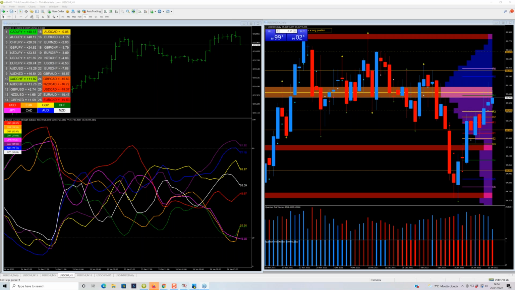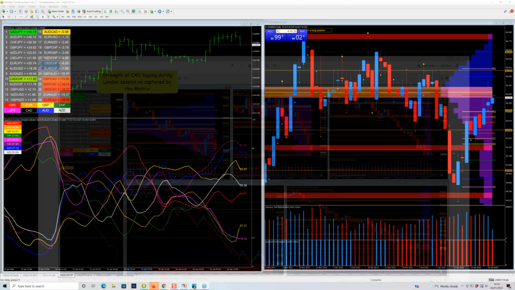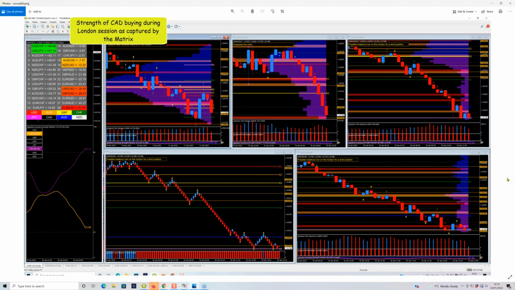Now, what I did this morning, to give a little bit more of an explanation, is I took a screenshot of my Euro Canadian profile, as we can see here. The move in the Euro Canadian, if we look at the hourly chart, actually started really back in Asia.